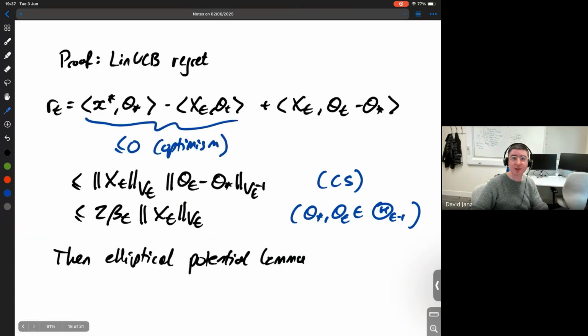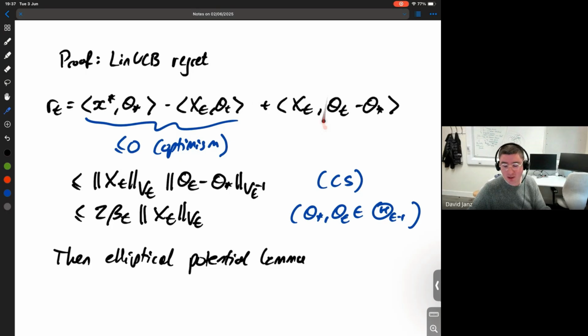So to see how this works, I'll quickly run through the standard LinUCB regret analysis. We expand our regret by adding and subtracting the value of the optimal arm. The first term drops out due to optimism. We're left with a second term. The second term only depends on the difference between parameters, not actions.